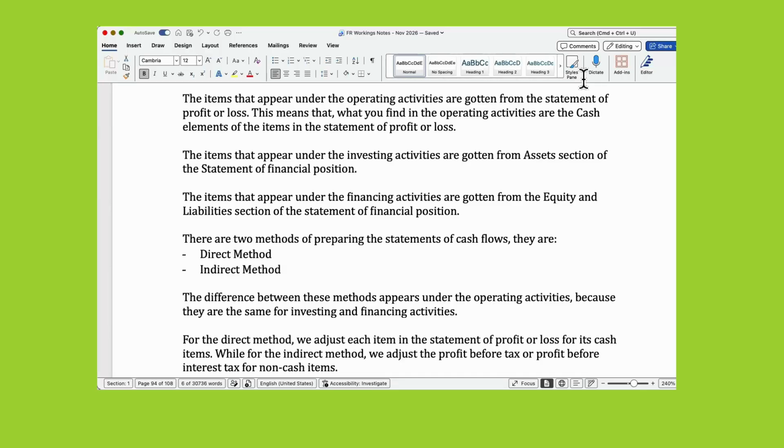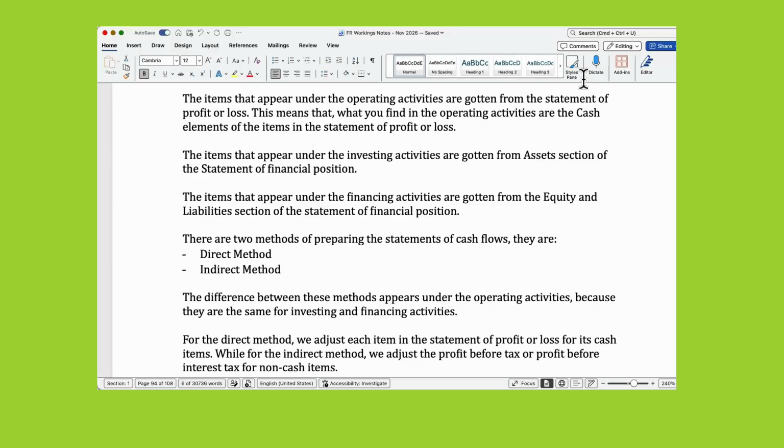But for the indirect method, you work back from either your PBT or your profit before interest and tax by ensuring that you remove all non-cash items from that profit, so that you can move from an accrual-based profit to a cash profit.